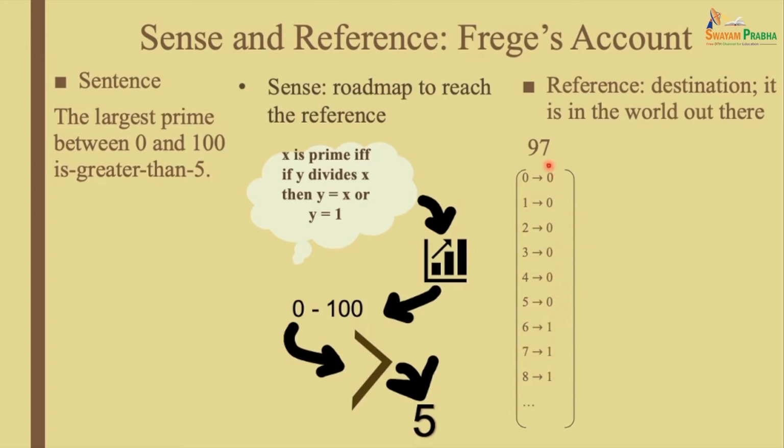So this takes 97, definitely 97 is greater than 5, and as a result you get 1, right? So there are meaning elements of two types. One is the sense and one is the reference in Western semantics. We will see that in Indian semantics it's slightly different.